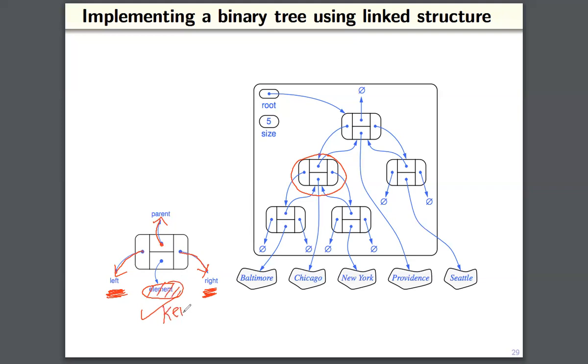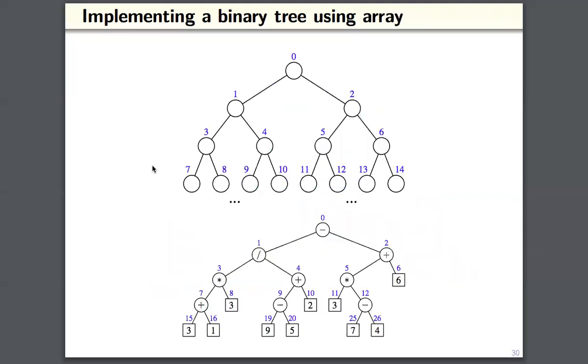You have the parent and you have children, meaning left child and right child. So that is what is depicted here. Okay, and this one: if there are null nodes, we can represent them using this null symbol.